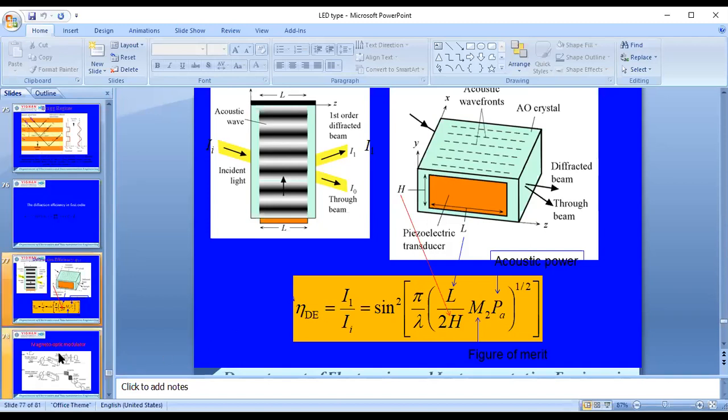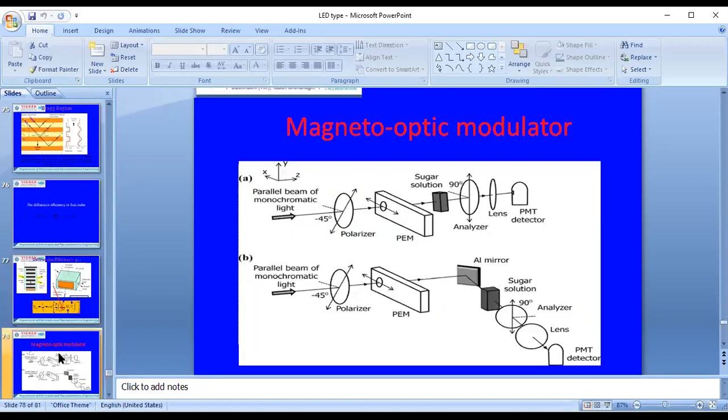Okay, the next one is the magneto-optic modulator. Now here the magneto-optic modulators will be like this.